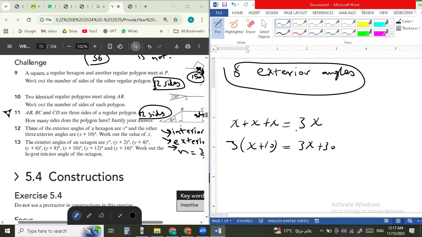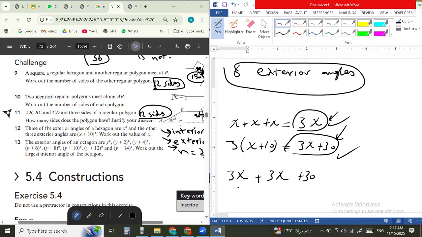Now these are three exterior angles of the hexagon, and these are the other three. So the six exterior angles are 3x plus 3x plus 30.